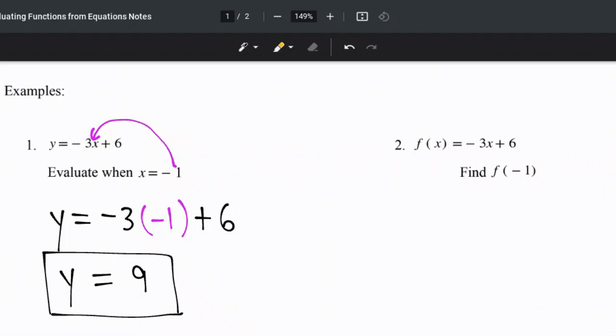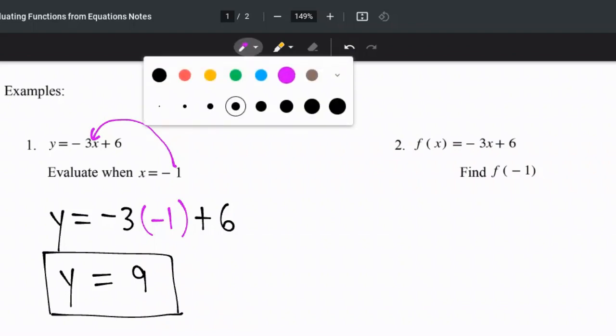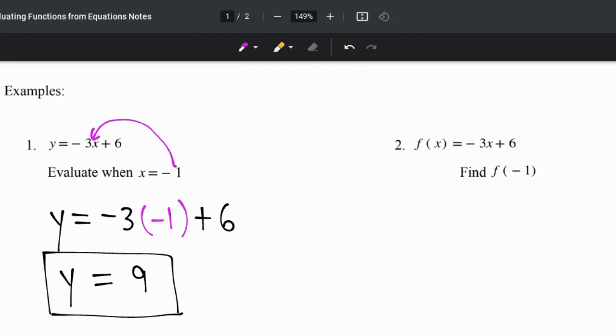If you look at example 2, it's actually very similar to example 1. It just looks a little bit different in the original problem. Instead of saying y equals, it says f of x equals negative 3x plus 6, and we want to find f of negative 1. What that means is we're going to take negative 1, which is the number inside of the parentheses, and we are going to replace it with x.